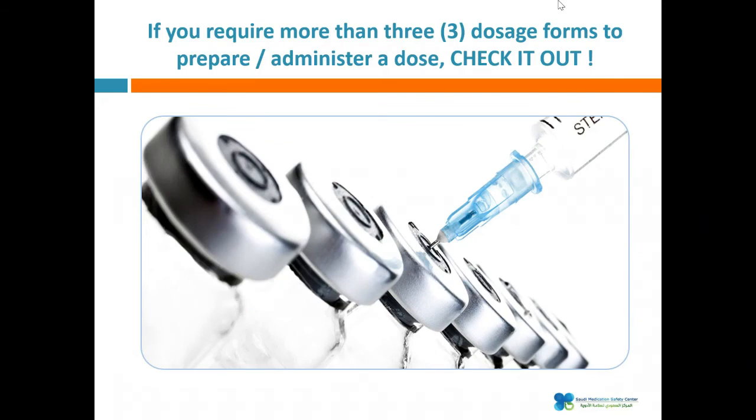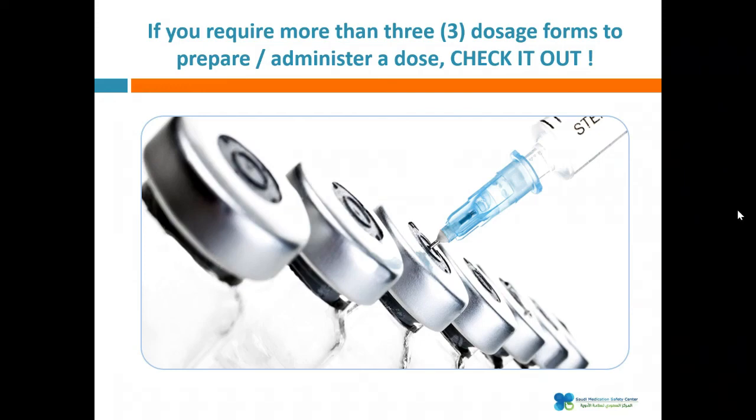Next slide. If you need more than 3 dose forms to prepare or administer a dose, check it out. This is a very important lesson to learn. A patient was ordered digoxin, and unfortunately, if the dose is ordered in milligrams rather than micrograms, a 1,000-times dose error can occur.